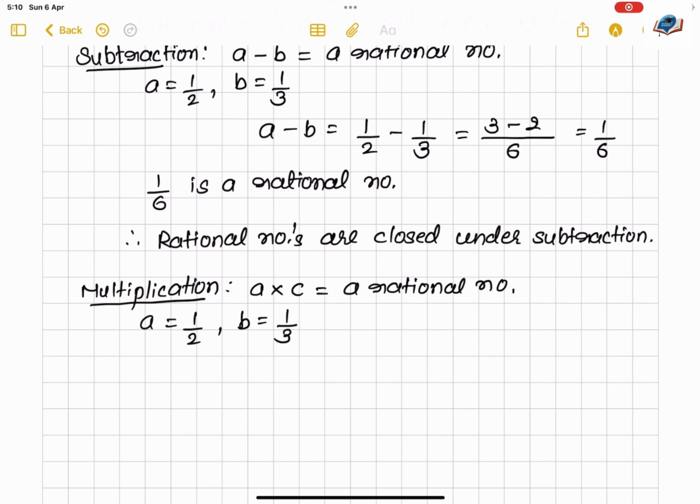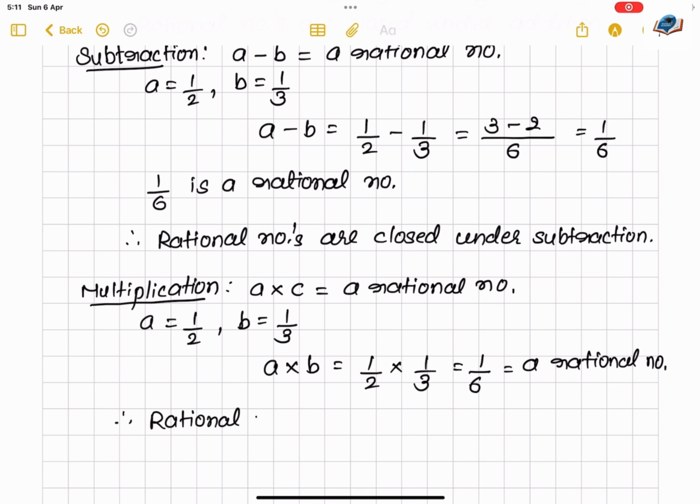So A into B will be 1 upon 2 into 1 upon 3. So 1 ones are 1 and 2 threes are 6. That is a rational number. Therefore, rational numbers are closed under multiplication.